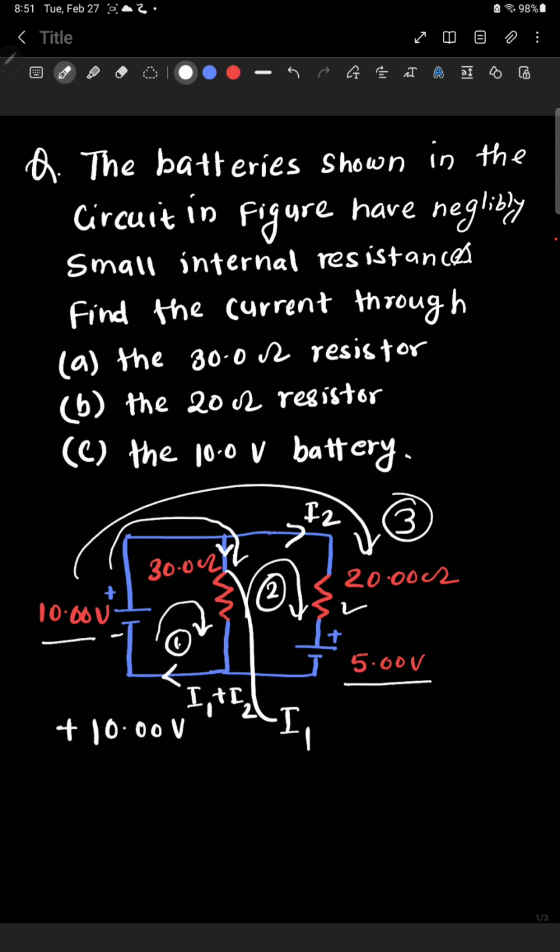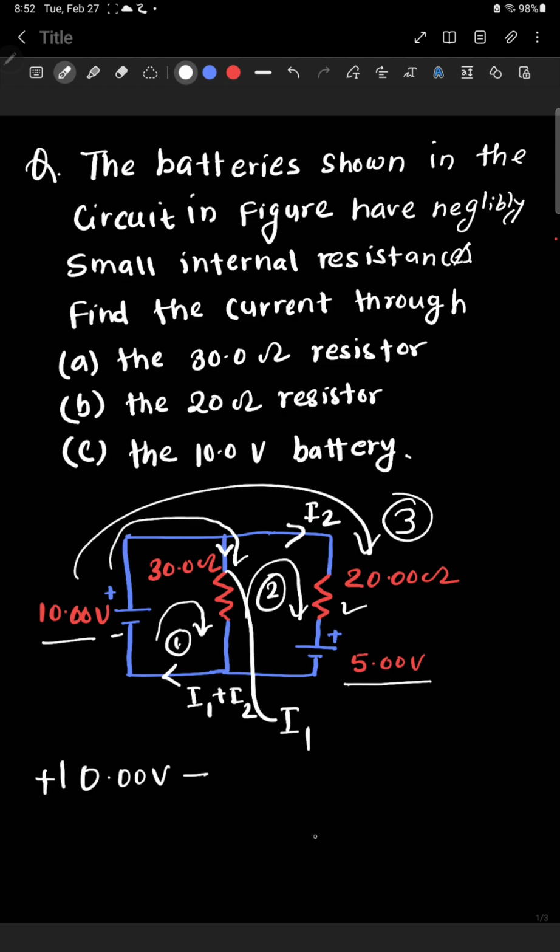So using Kirchhoff's rule in the first loop, the 10 volt battery is positive, so positive 10.00 volts. The direction of the current is going down through this 30 ohm resistance, and I'm also going in the same direction.